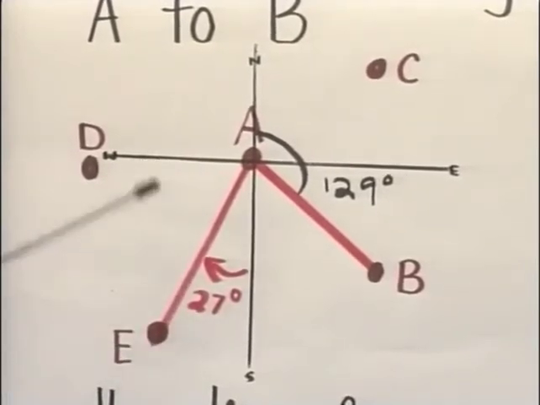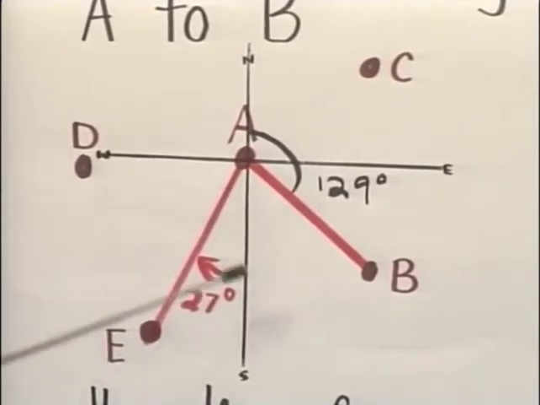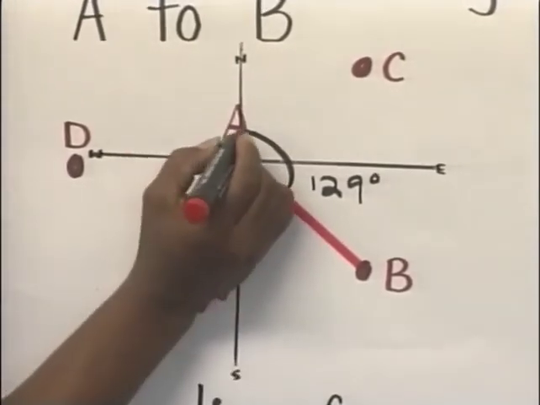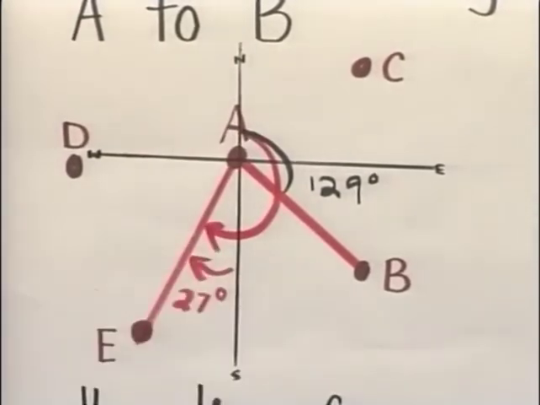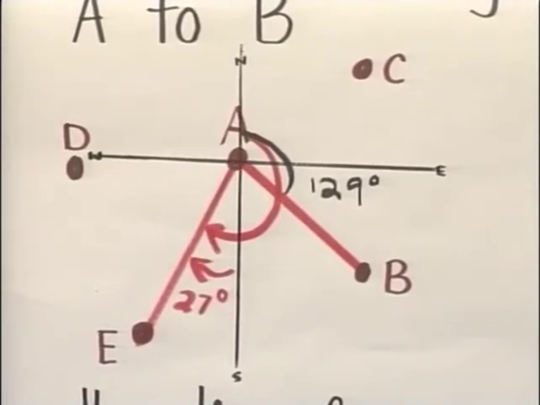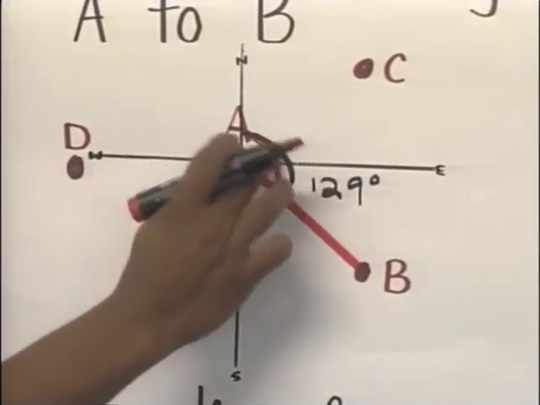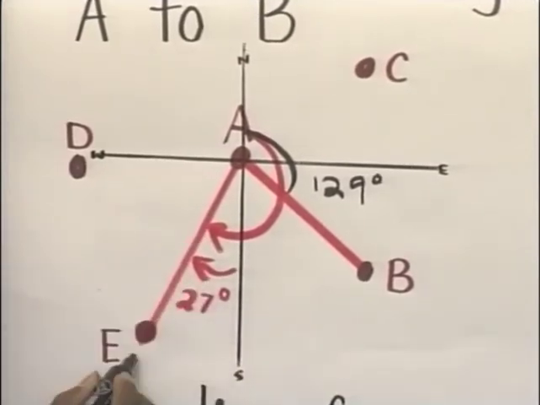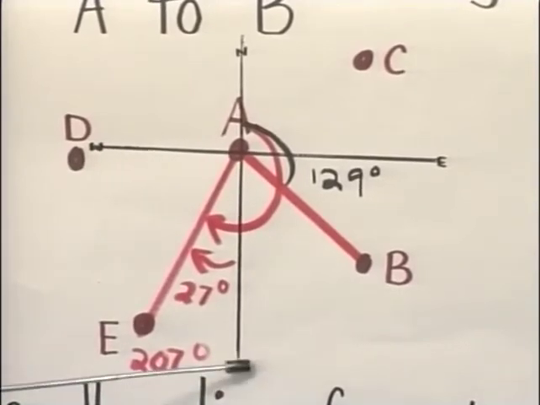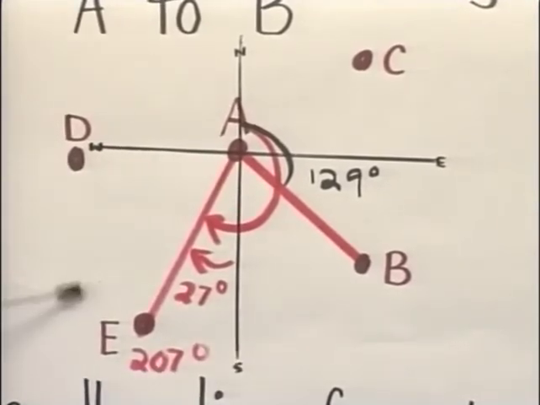So I will need to add 27 to 180 to get the whole angle or bearing from A to E. What is 180 plus 27? What will that give me? 207. So the angle all the way from this point to this point is 207 degrees. And that is more than 180, and it's also less than 270, so it's about correct.